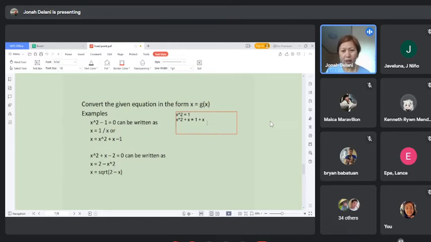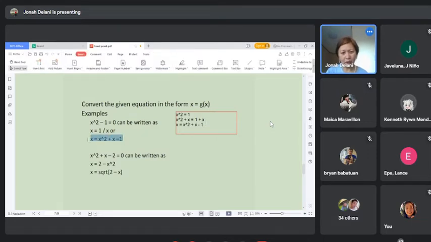If I will subtract 1 on both sides, I would have x squared plus x minus 1. Right? From here.